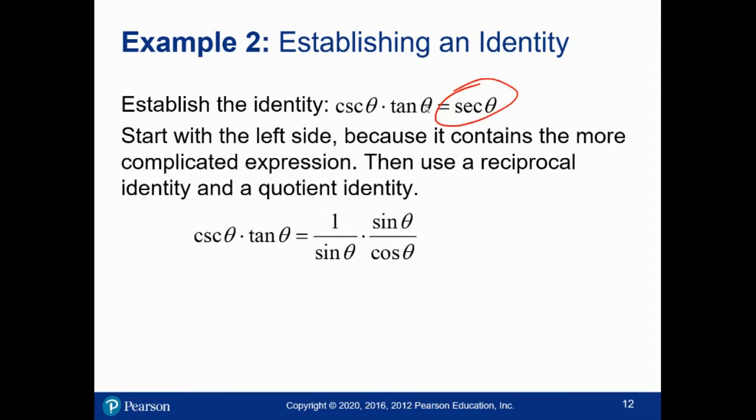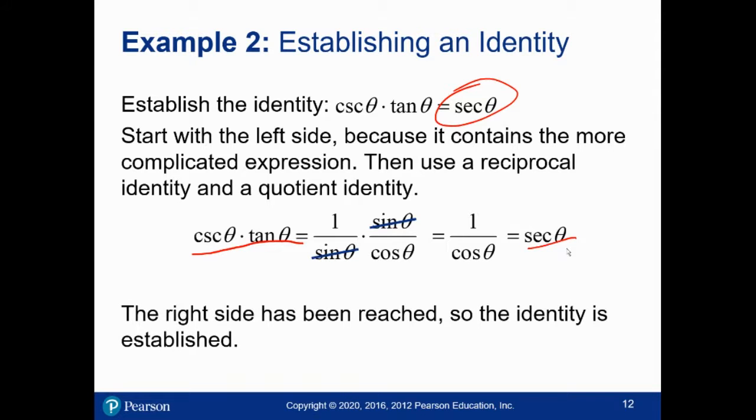A really good first place is to just change everything to sines and cosines, because then you have less weird functions floating around and maybe things will become clearer. Cosecant is 1 over sine, tangent is sine over cosine. Hey, those sines can cancel, leaving behind just 1 over cosine, which is secant. So now we know for a fact cosecant of theta times tangent of theta is always equal to secant of theta as long as both sides exist.